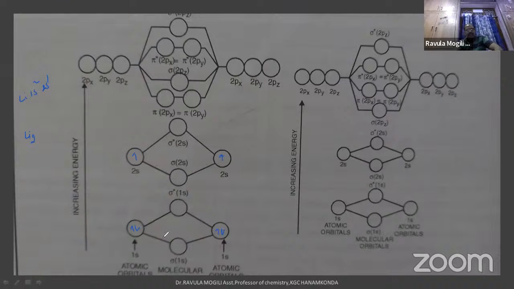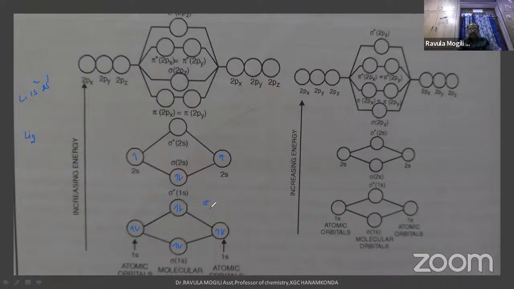So filling of molecular orbitals: for these 4 electrons, 2 electrons enter the sigma bonding, and 2 electrons enter the sigma star. Next, this 1 electron and this 1 electron enter the bonding orbital.